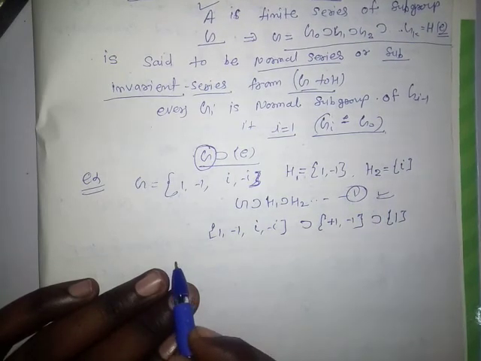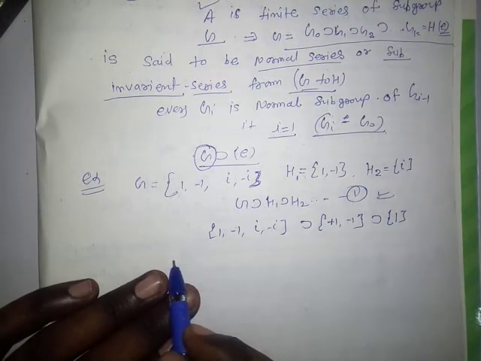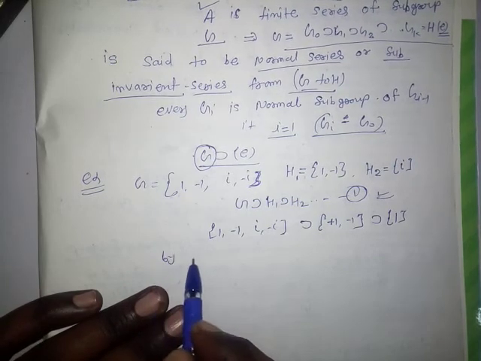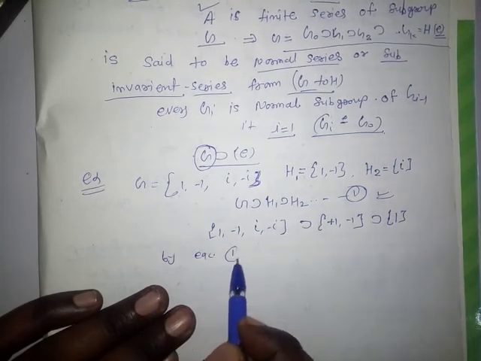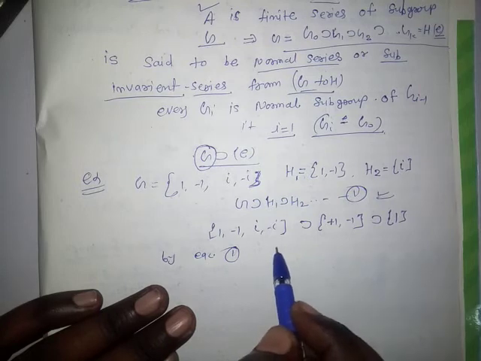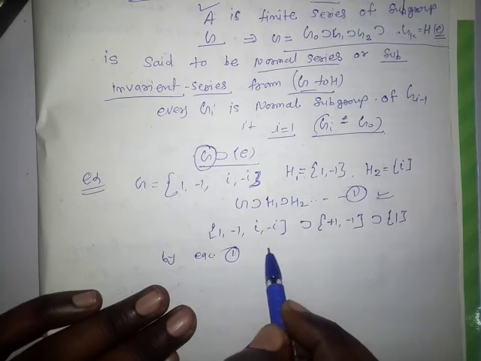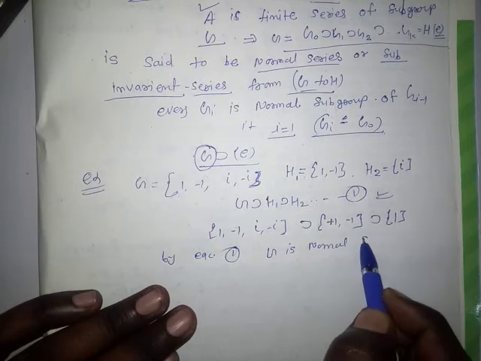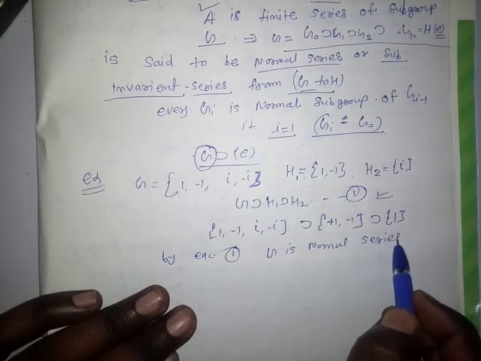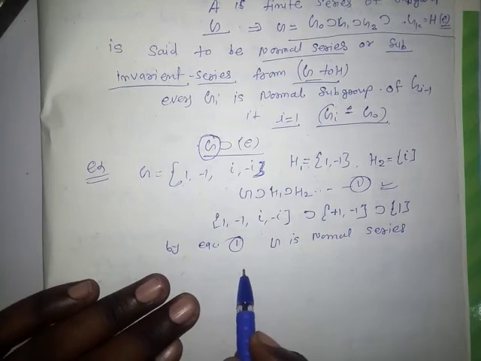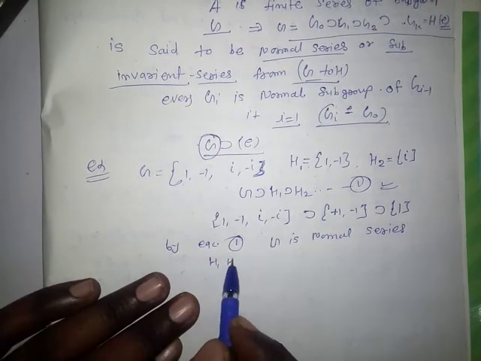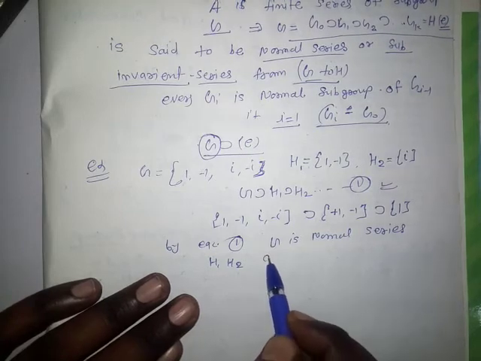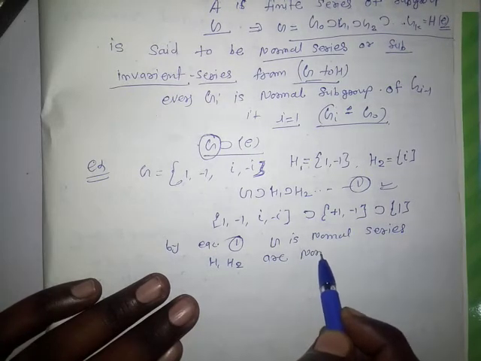According to equation first, G has a normal series, because H1 and H2 are normal.